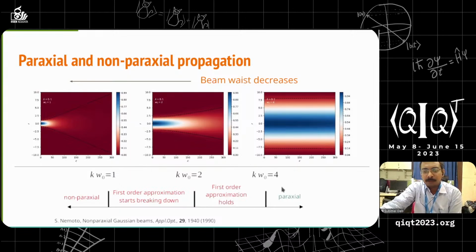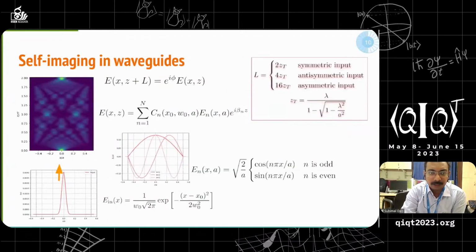If you have a beam of wavelength lambda, then k would be the wave number, and if W0 is the beam waist, then a value of kW0 larger than 4 would give you a paraxial beam. A value of kW0 less than 1 would be a completely non-paraxial beam. In between, you have two transition regions, which I will not explain too much now because we will not be needing them towards our talk, but it's a very good paper to read.